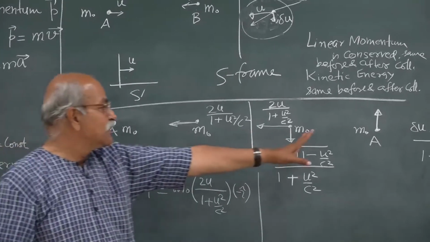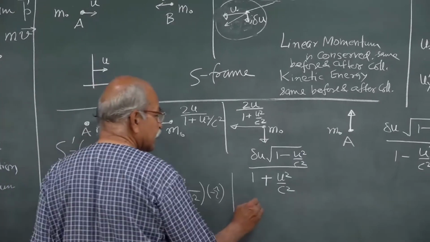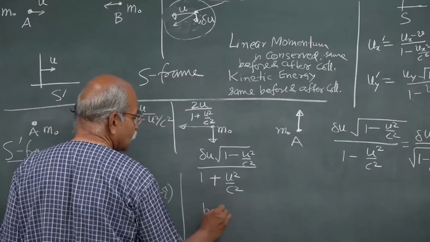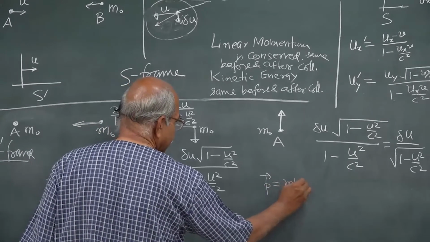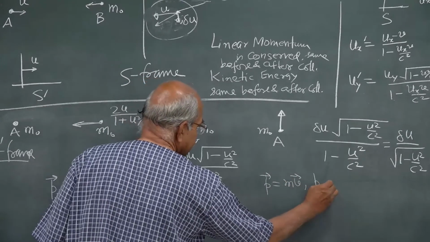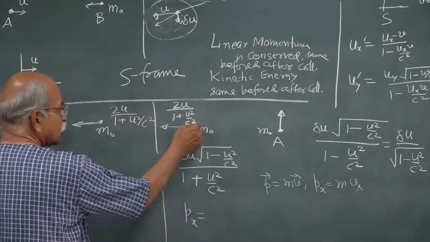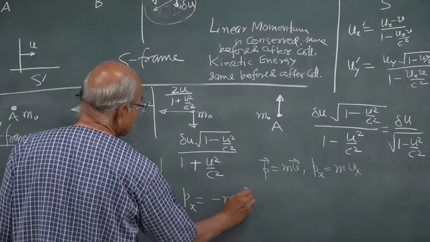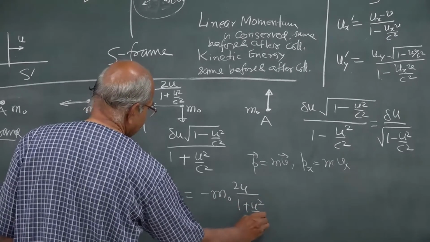What about this picture after the collision? In the x direction, p is mass times velocity, so px is mass times the x component of velocity, and the x component is this, so it is minus m naught 2u by 1 plus u square by c square.